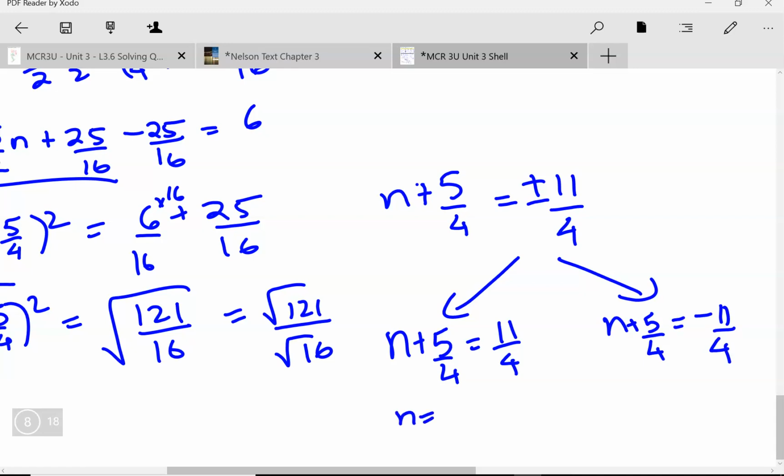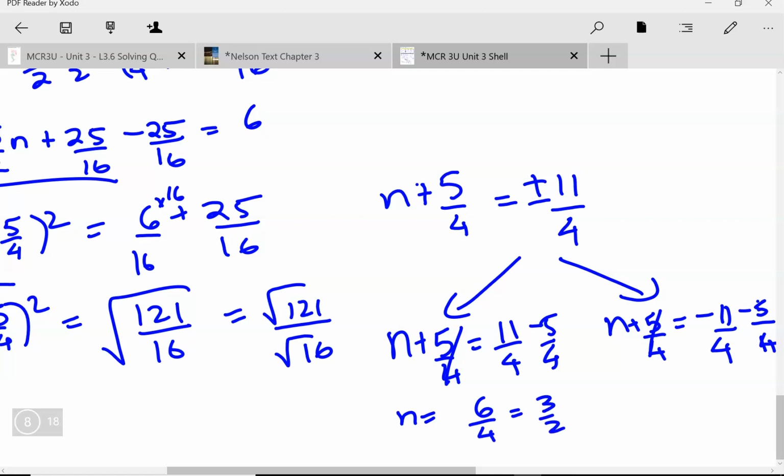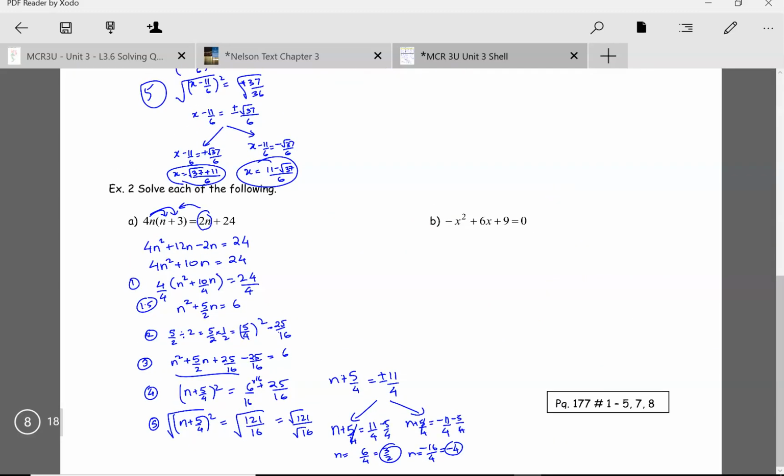So again, just rearrange: minus 5 over 4, minus 5 over 4. And this gives me 6 over 4, which is 3 over 2, or this gives me negative 16 over 4, which is actually equal to negative 4. So those are my two different n values. And that's how you do this question.